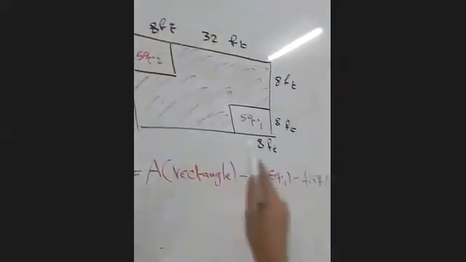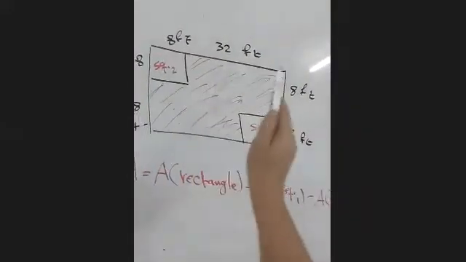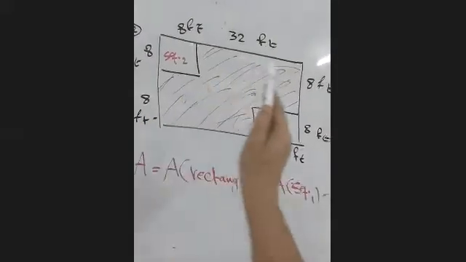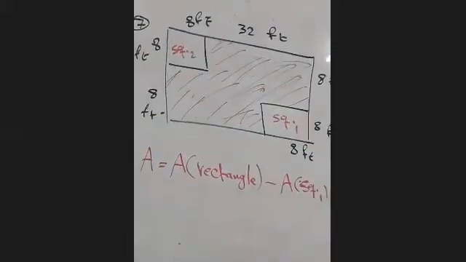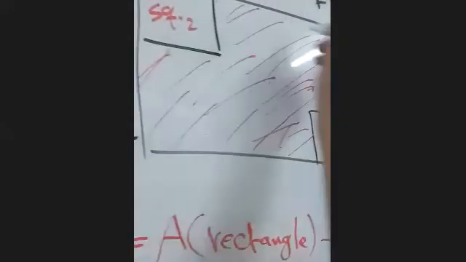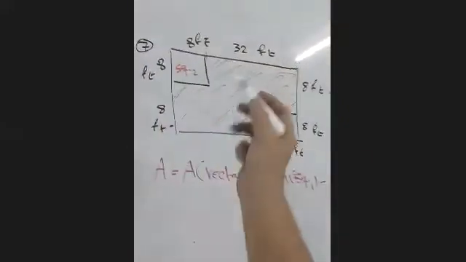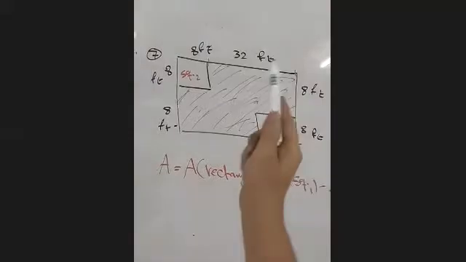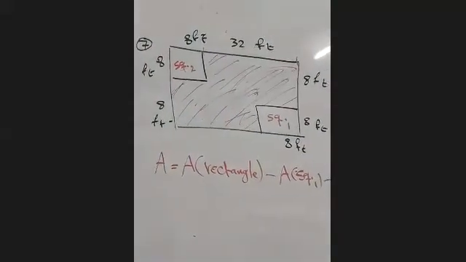Now the whole rectangle, what is its length? 32. No, 32 is for this part. I want the whole length. I'm talking about the whole rectangle now. What's the length? 40.